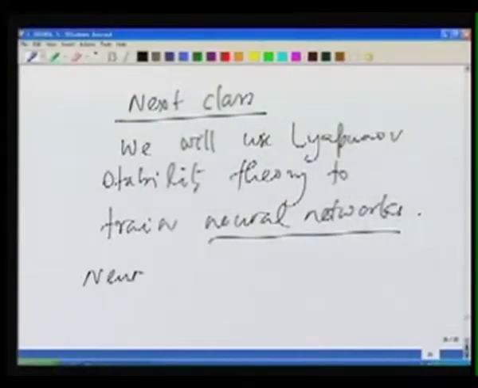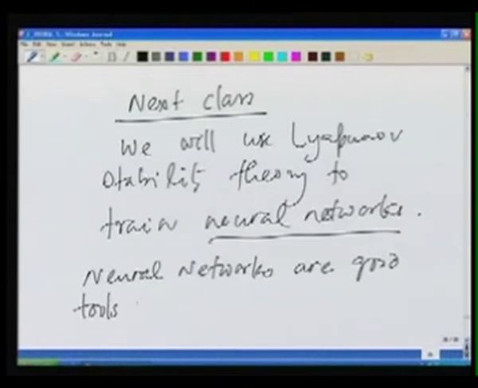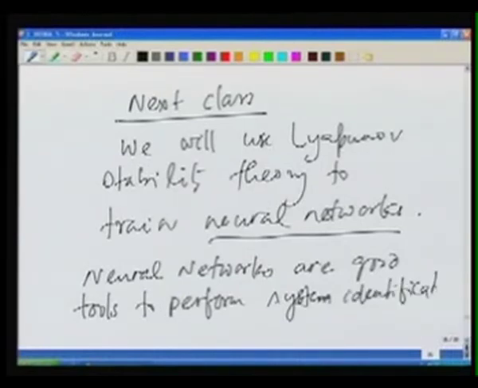Because these neural networks are good tools to perform system identification of nonlinear systems.